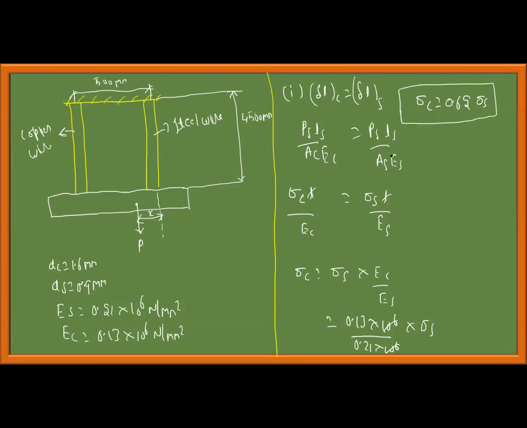Next, let us calculate the area of copper and area of steel. Area of copper is pi d square C by 4, where d is equal to 1.6. And the area of steel is pi d square S by 4. Tell me, substitute and tell me.